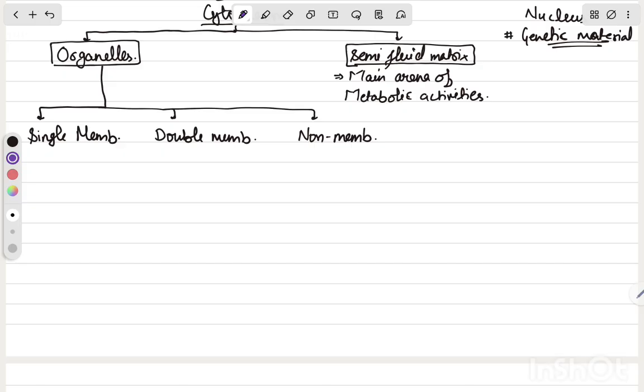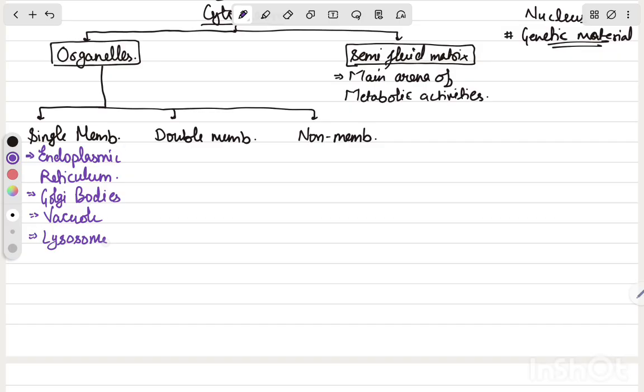In the first category we have endoplasmic reticulum, second example is Golgi bodies, third is vacuole, fourth is lysosome, fifth is microbodies. And there are some other organelles also, but these are the major single membrane bound organelles.